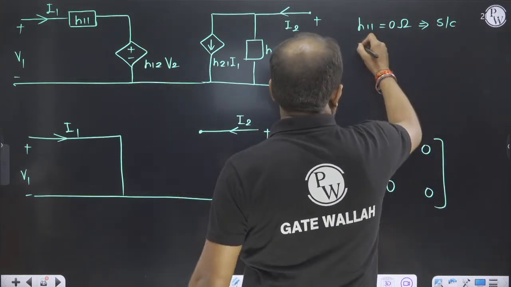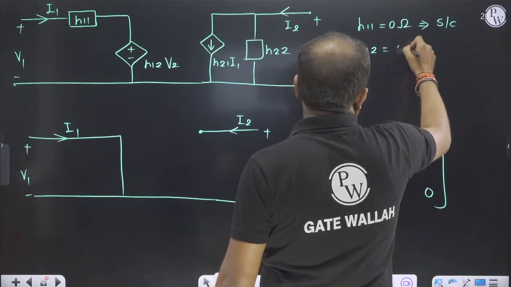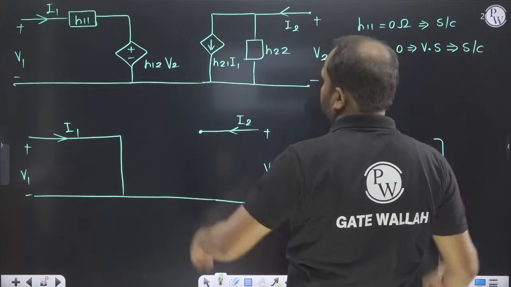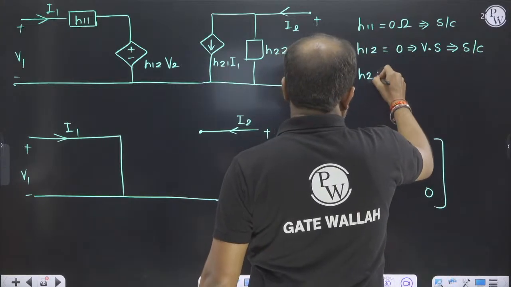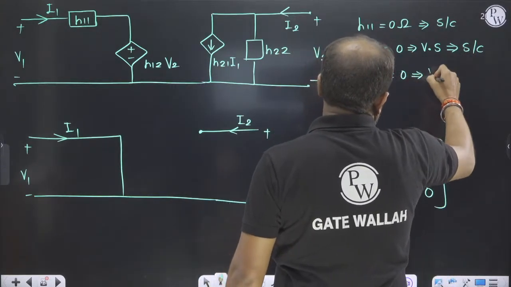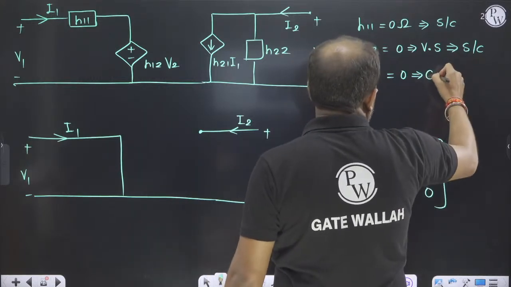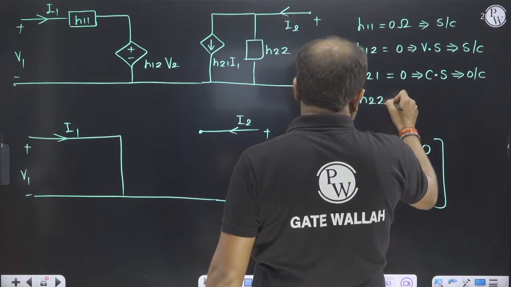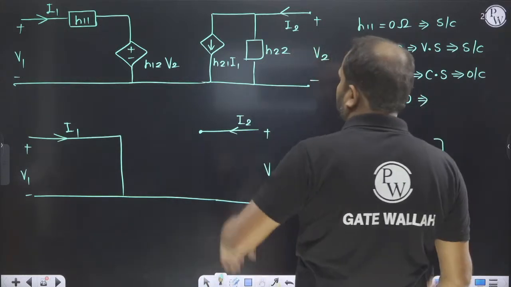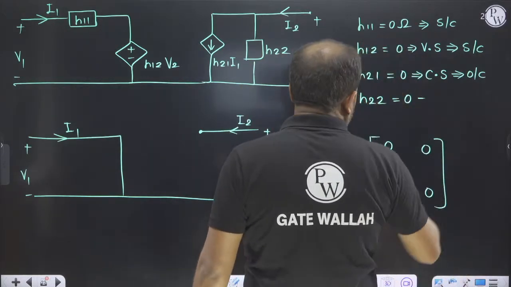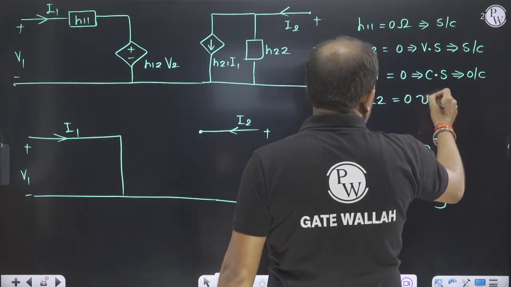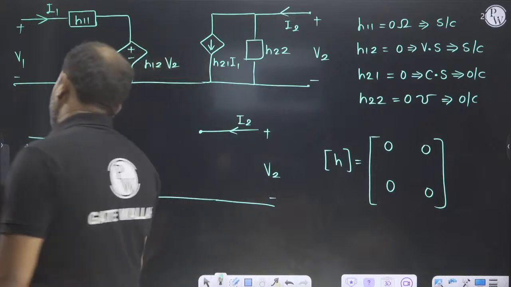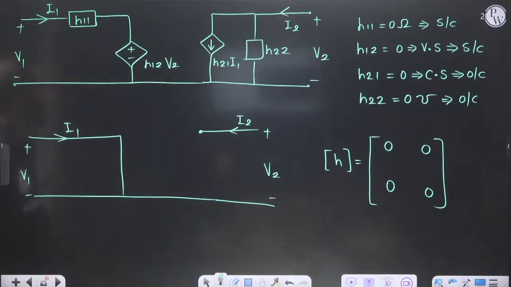H12 is 0, voltage source 0, that means short circuit. H21 is 0, current source 0, that means open circuit. H22 is 0, admittance 0 means open circuit. Yes sir.